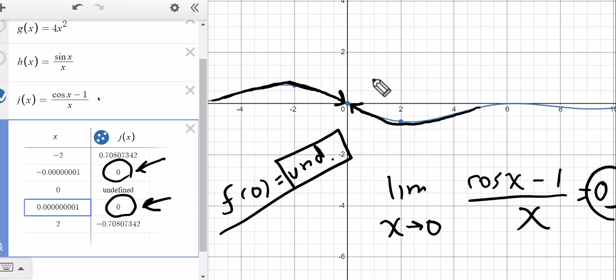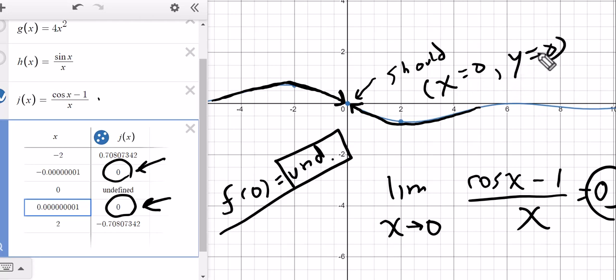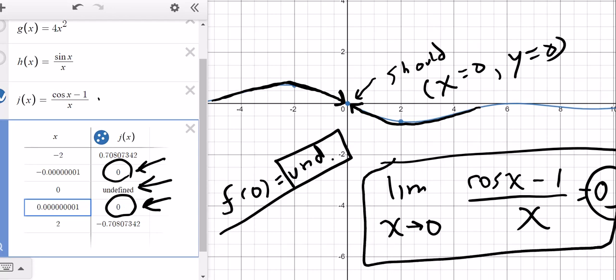When x is 0, it should be that y would equal 0. It should be, but it's not because it's undefined. However, traveling on this graph, traveling on this road, looking at the table, looking at the data, it's saying, hey, it's going to be between 0 and 0. So you might as well call it what it is, a 0. But that's the limit. Okay, the limit is going to be 0.